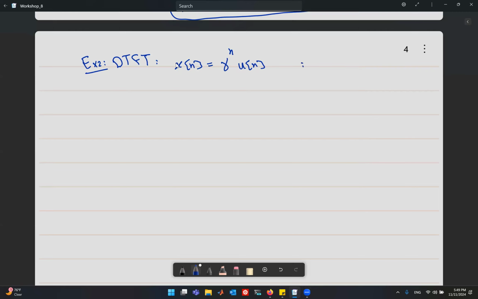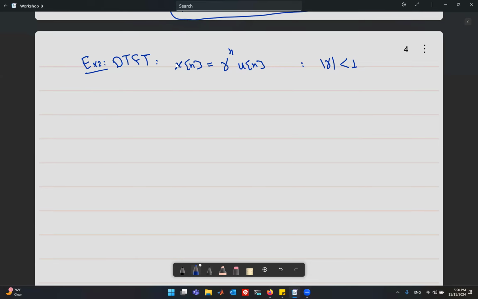And we're assuming that gamma is less than 1. You will see why we need this assumption: to make sure some geometric series will converge.